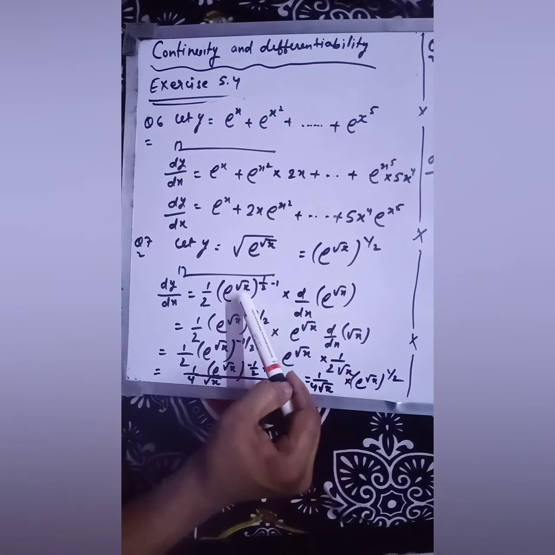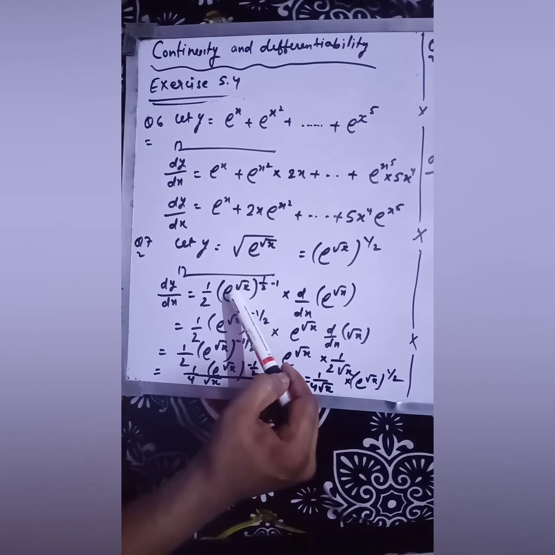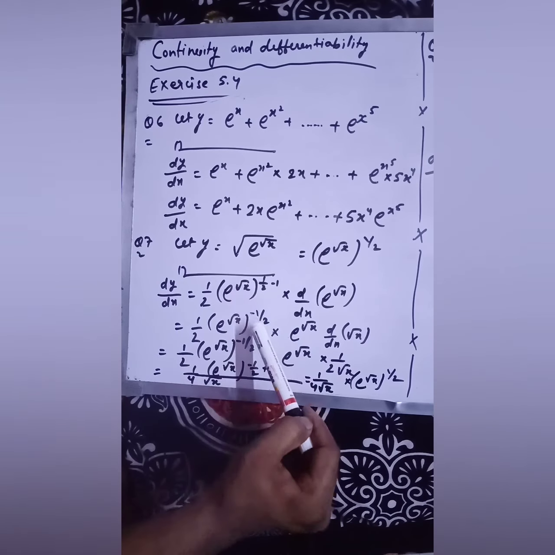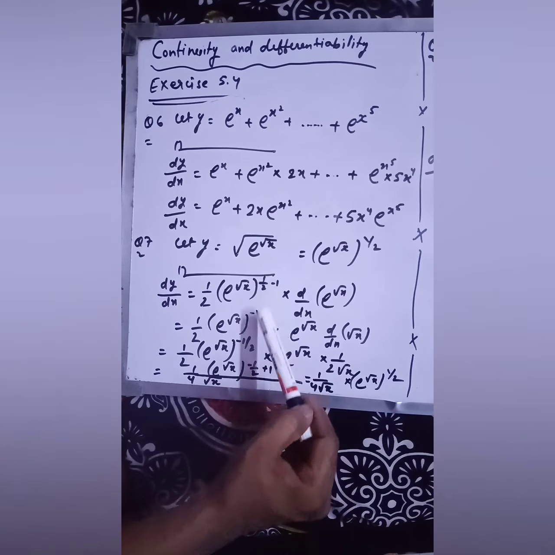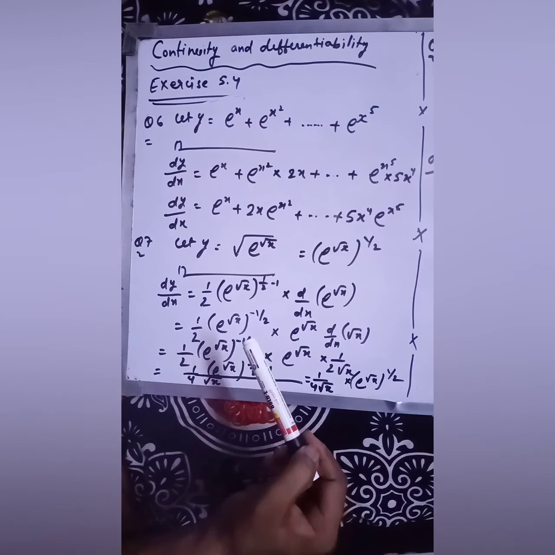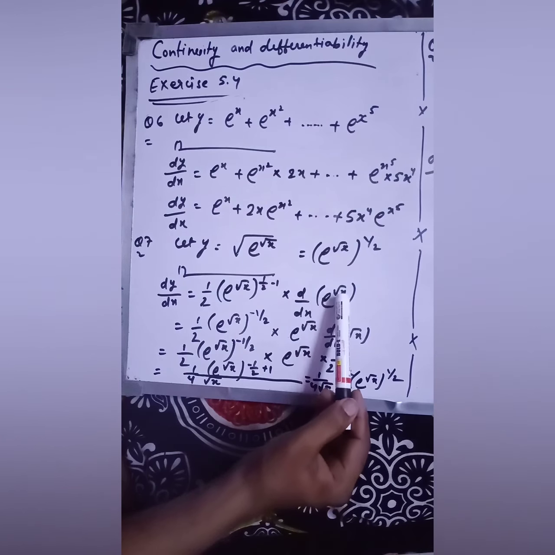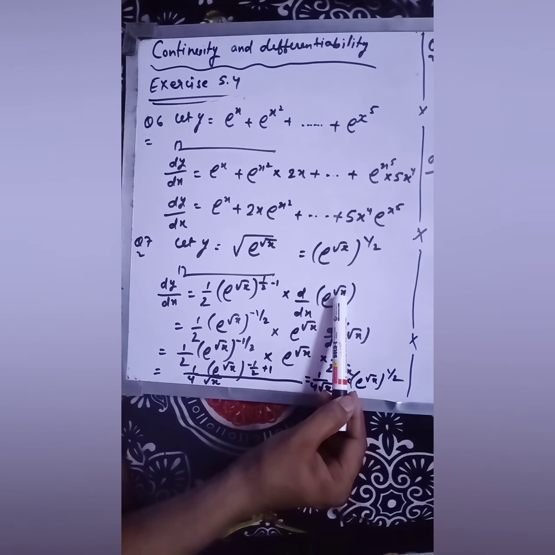Okay, in the next step you have to subtract these two. You will get e raised to the power root x, that is whole raised to power 1 minus 1 by 2. Okay, because when you subtract 1 by 2 minus 1, you will get minus 1 by 2, and this 1 by 2 will remain the same. And the derivative of e raised to power this will remain e raised to power root x, into then the derivative of root x.